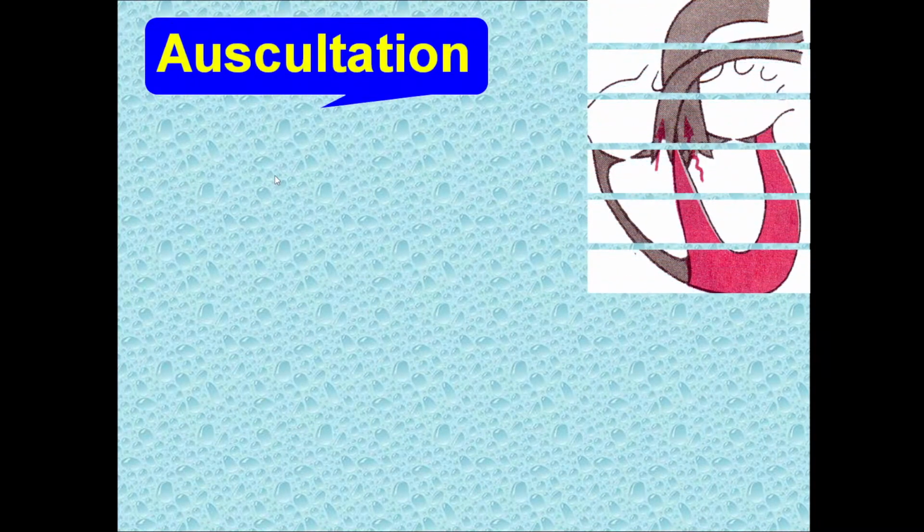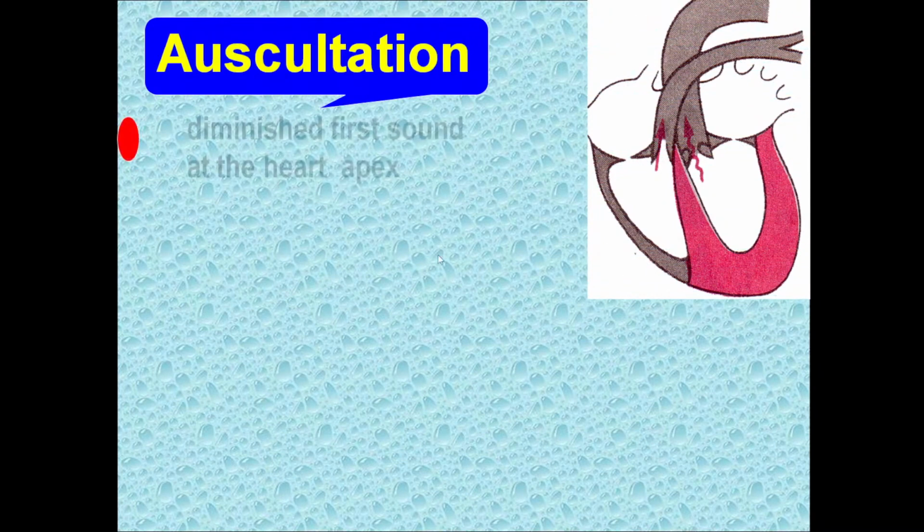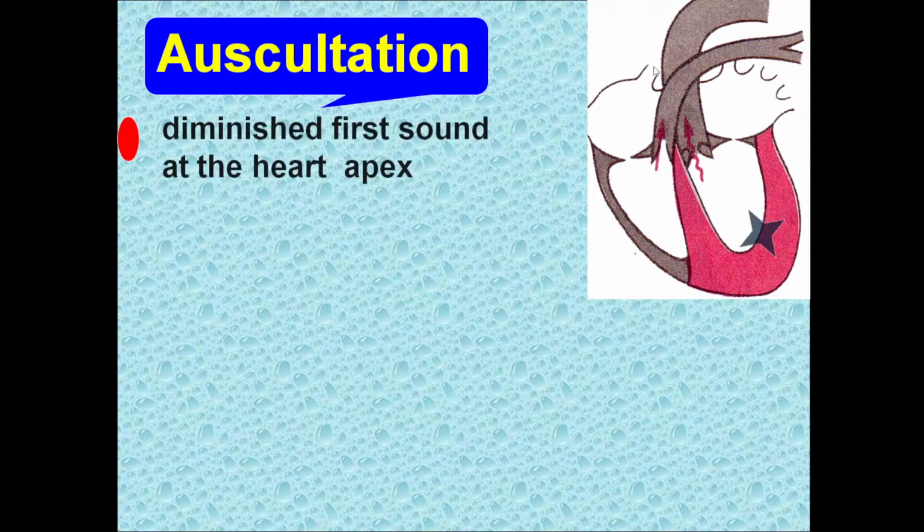On auscultation, main picture will be over aorta, but we remember about order of auscultation: apex, aorta, pulmonary trunk, xiphoid process.